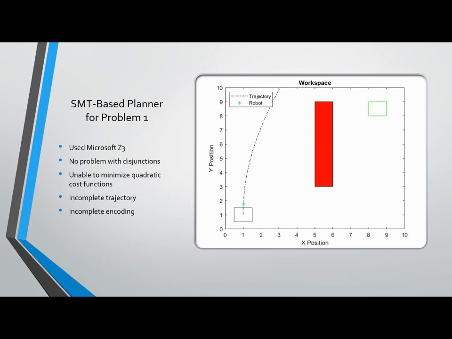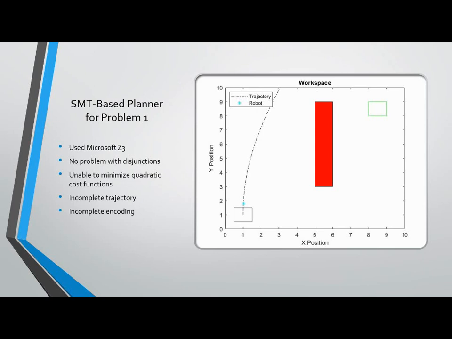One issue though is that I was unable to minimize quadratic cost functions, and so I ended up trying to minimize the sum of the inputs, which had the issue that the acceleration is always tending towards 0 even when not necessary.